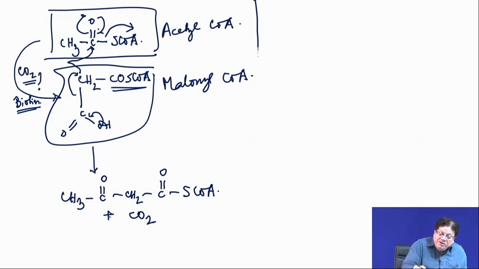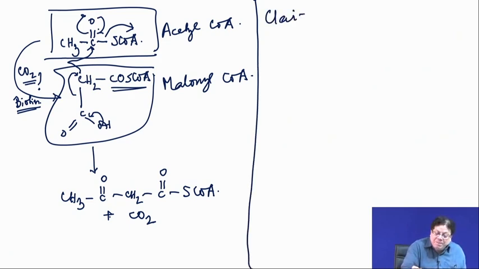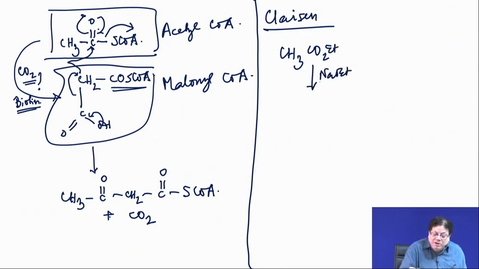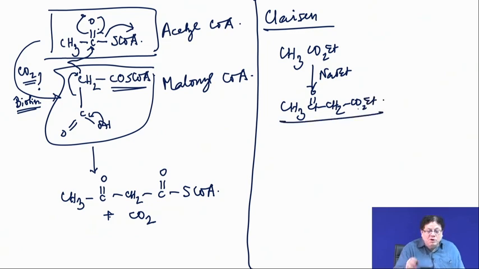Now, remember there is a reaction in organic chemistry called Claisen condensation, where you take ethyl acetate and add sodium ethoxide. What did you get? CH3CO ethyl acetoacetate. I think those who have studied organic chemistry, they remember it.